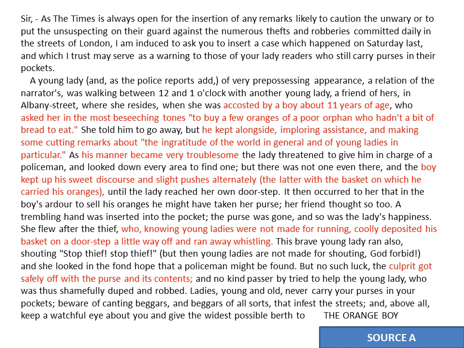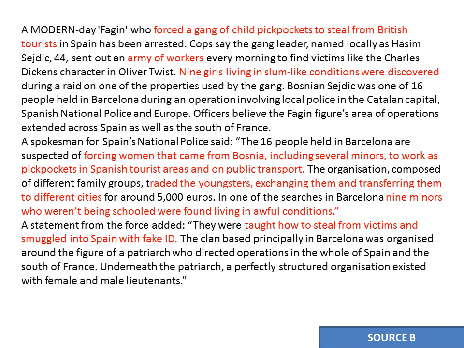So you can see that I've gone through and I've just highlighted all the bits that I could use that relate to how the person committing the crime is being described to us. And we will see that it's quite different in this case. So in this case, we've got child pickpockets again, but they were forced to do it.